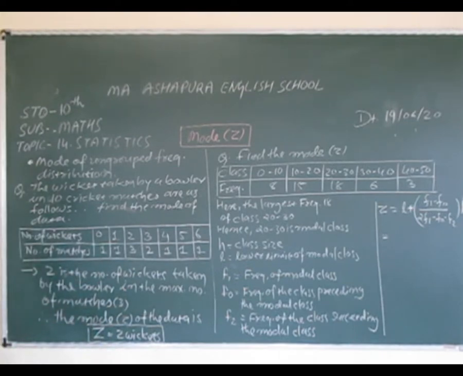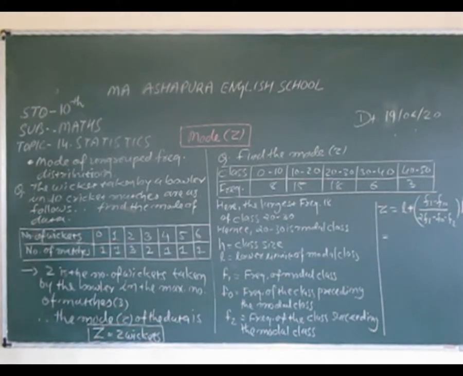So here we see the ungrouped frequency distribution. The first row shows the number of wickets, 0 to 6, and the second shows the number of matches played by the player.